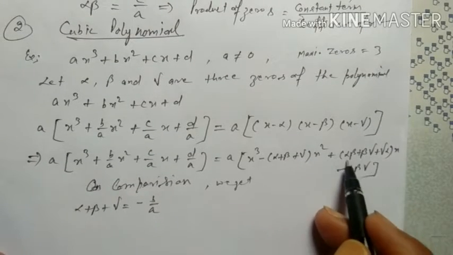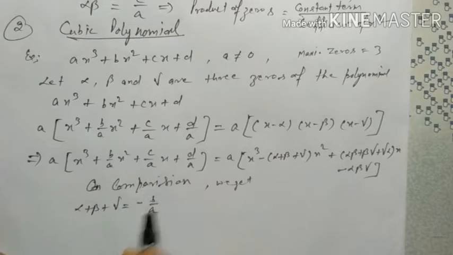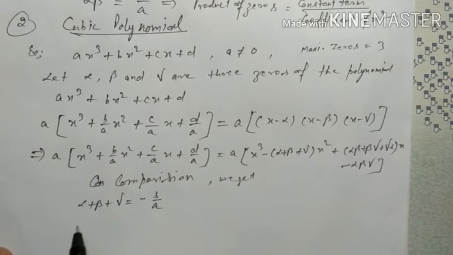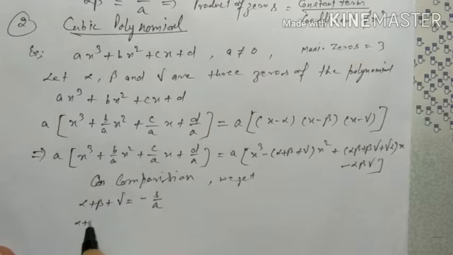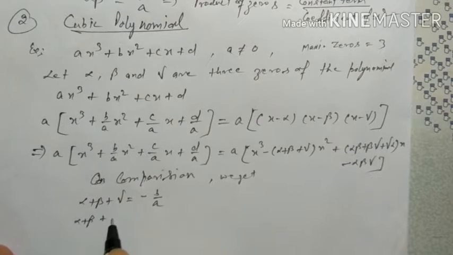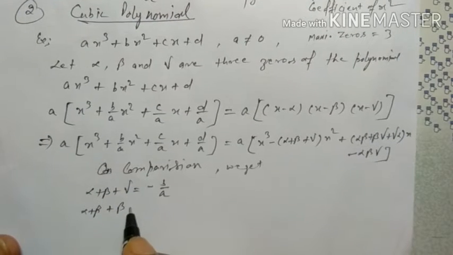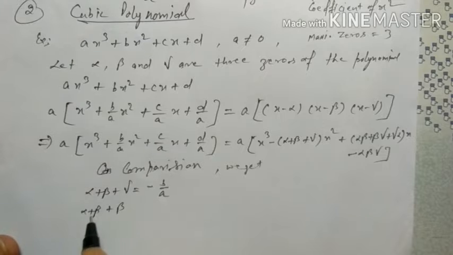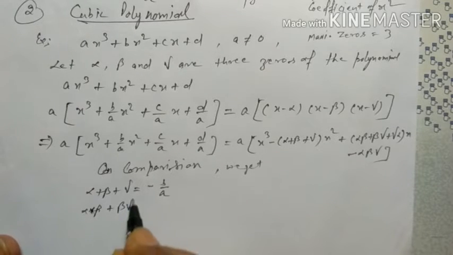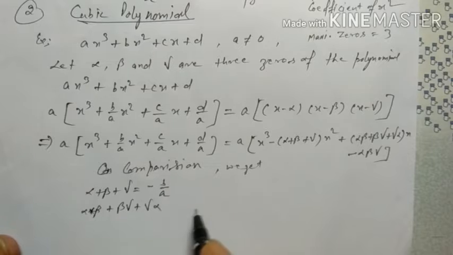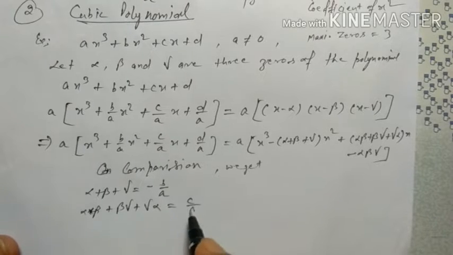Alpha beta plus beta gamma plus gamma alpha equals c by a.